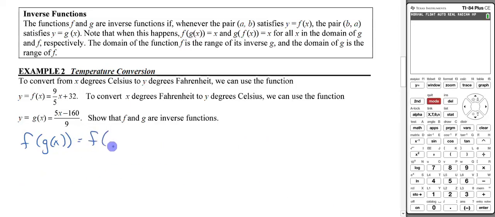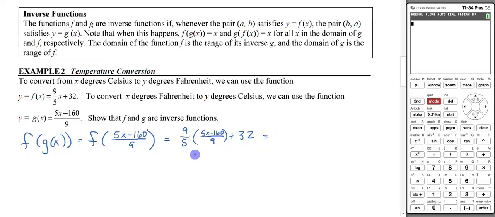We start on the inside function first, the g function. And now the f function says 9/5 times some input x plus 32. That input is the g function, 5x minus 160 over 9.